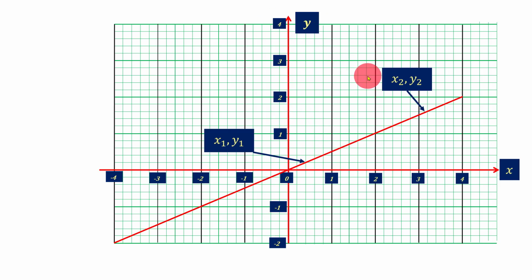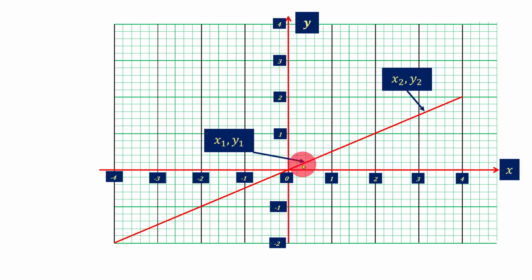And I take 2 points like this point here. Its coordinate is x1, y1, and this point here, its coordinate is x2, y2. So we usually express the coordinate of a point on a graph or on a line starting with the x coordinate followed by the y coordinate.